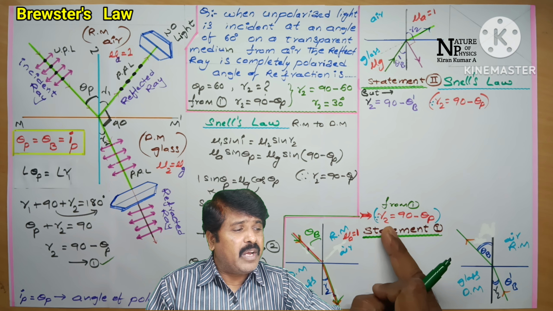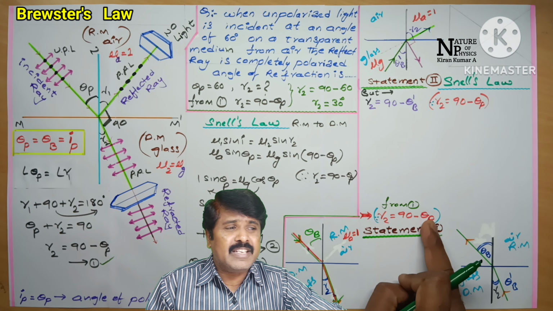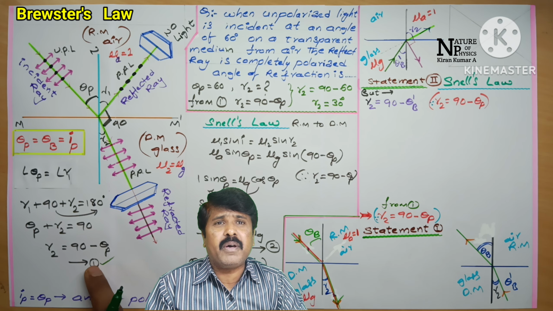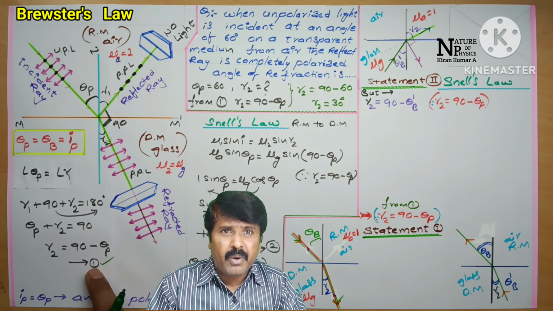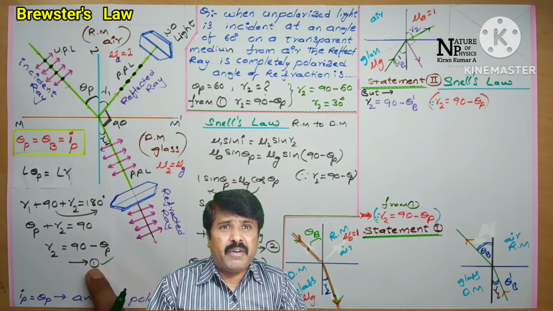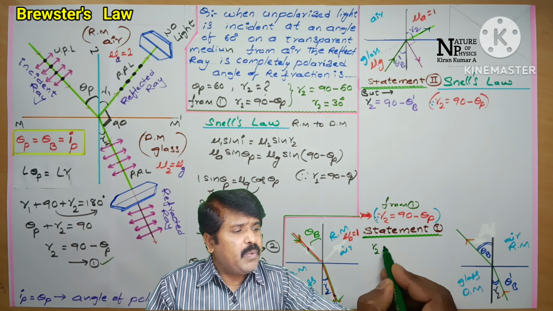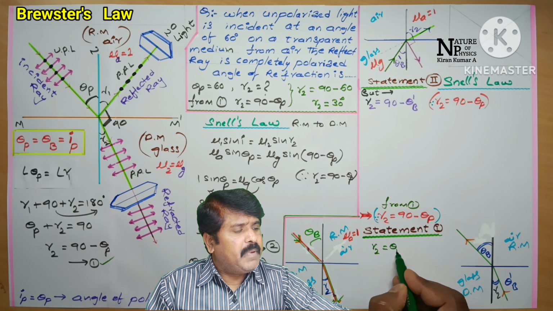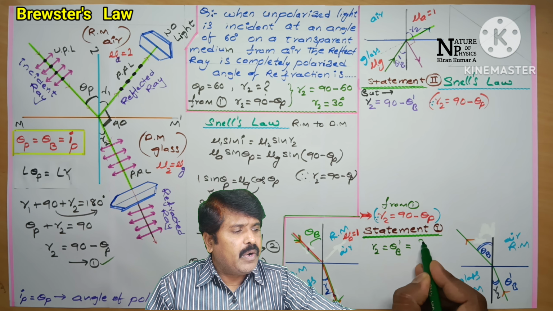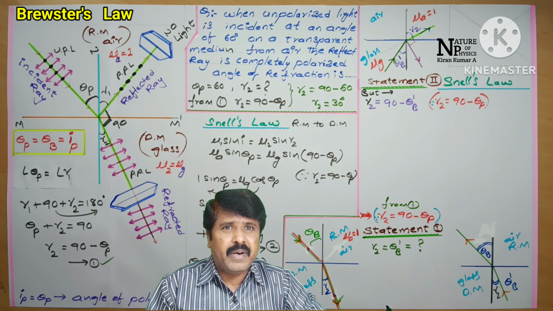The basic equation I wrote is R2 is equal to 90 minus theta p, from equation number 1. Using the principle of reversibility of light, R2 is equal to theta b dash, which is what we have to find out.